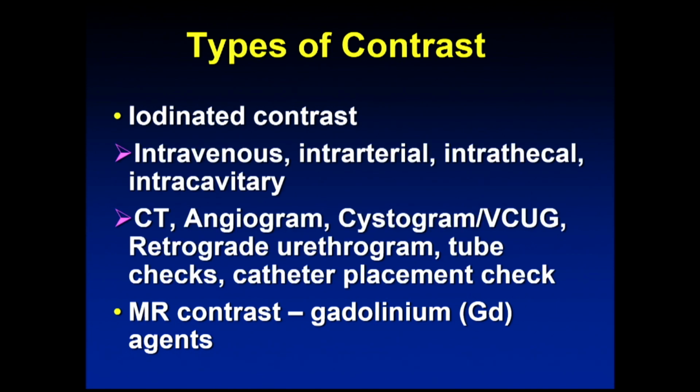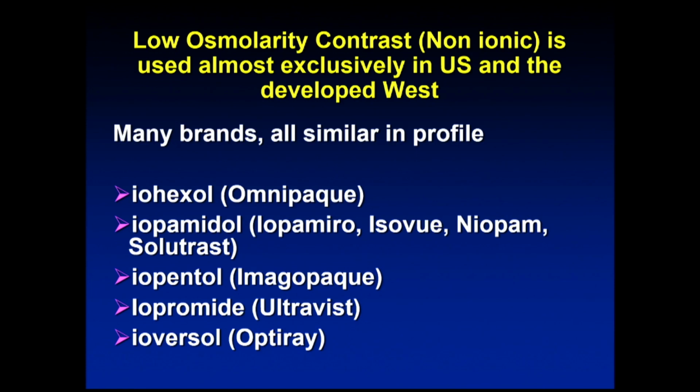Iodinated contrast is pretty much the same contrast used for all studies, whether we use it intravenously for CAT scans, the rare intravenous urogram or intravenous pyelogram, for renal arteriograms, for CT angiograms of other kinds, or for VCUGs and cystograms. The only difference is that the concentration of the contrast might be different for the different studies. MR contrast pretty much are all gadolinium-based.